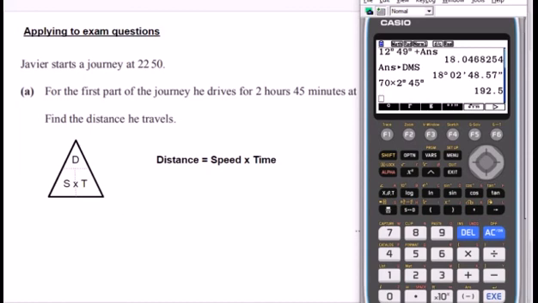Now, 2 hours and 45 minutes, to be fair, is non-calculator possible anyway, because 45 minutes is 3/4 of an hour. It's 2.75 hours. But if you're not comfortable with that, or if you don't want to take the time to do it, 2 hours and 45 minutes equals 2.75 hours, and then you can times that by 70 and you'll still get to the same place.